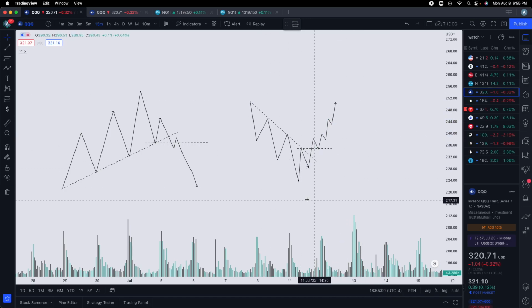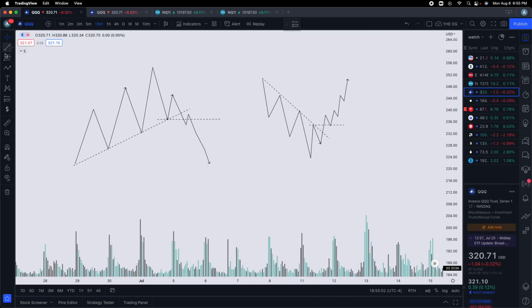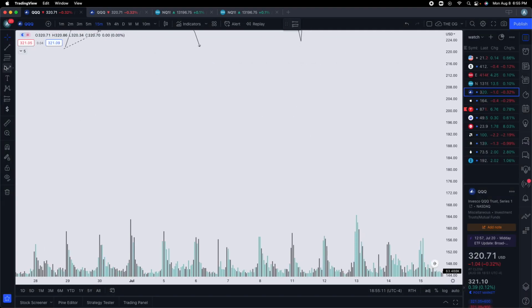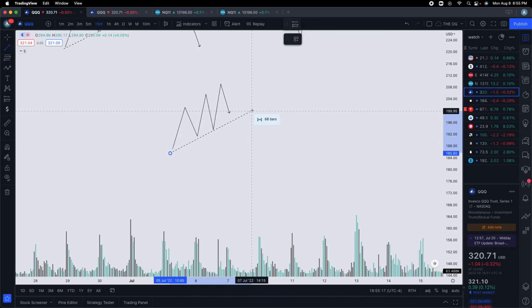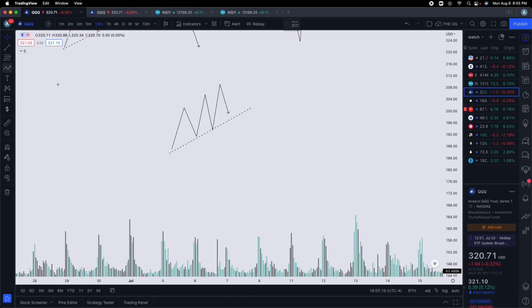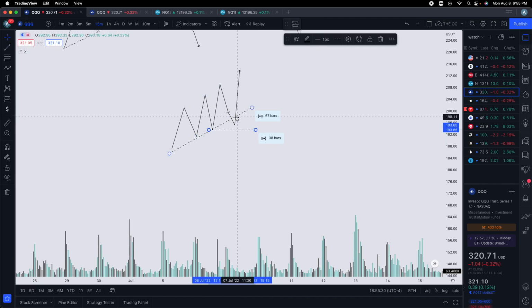Now, what a lot of people do is they make the mistake of, when price is creating an uptrend here, so let's just move this out of the way, they mark their lines, and then once price breaks that, they immediately go short and they get burned. Notice that price never ended up taking out a higher low for this uptrend.